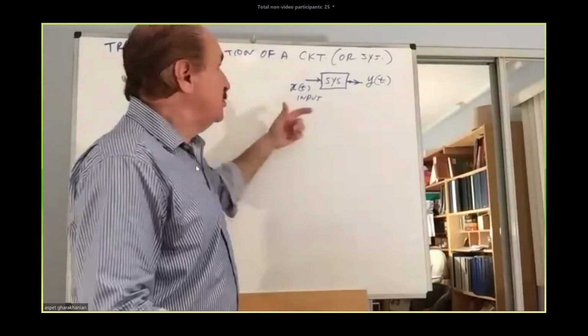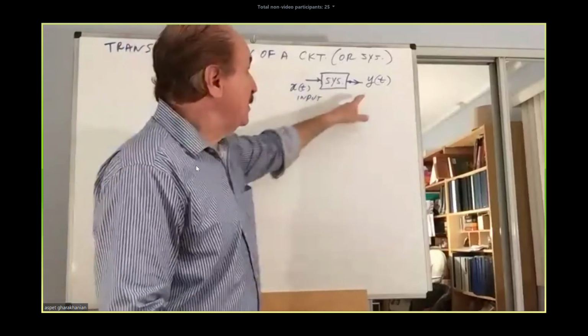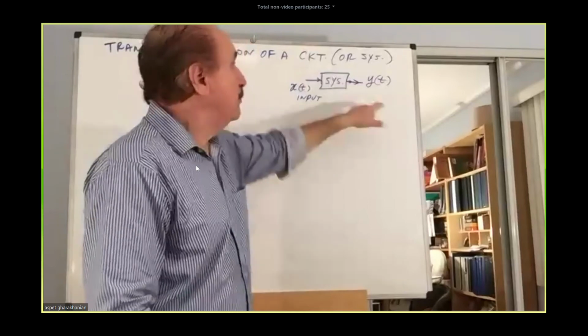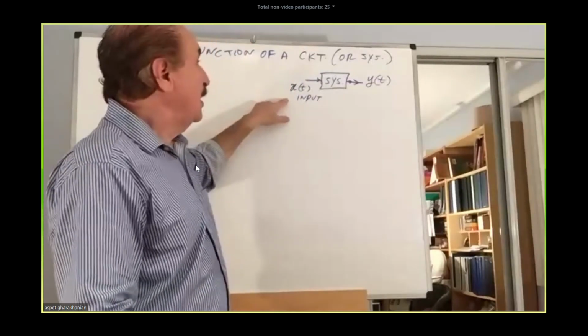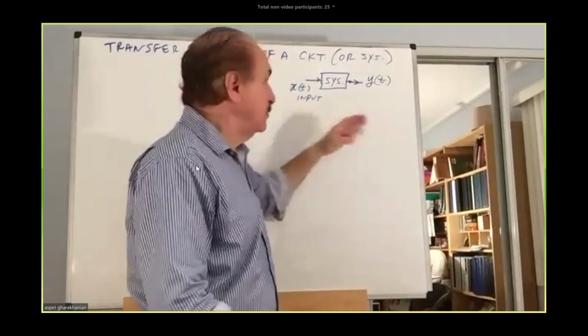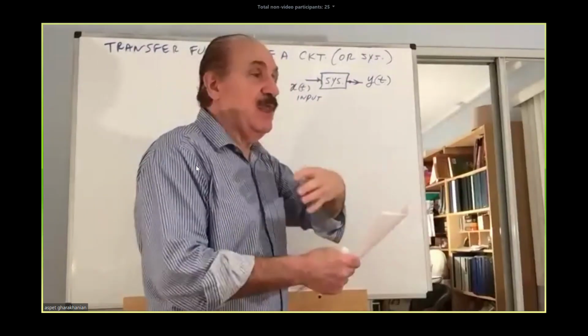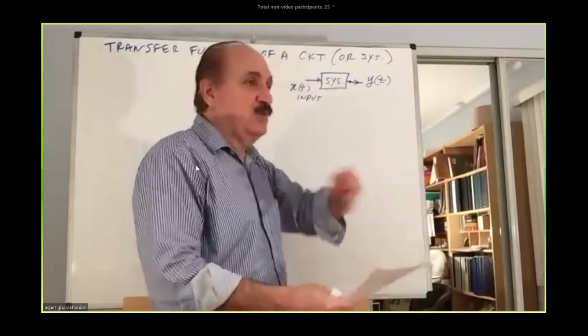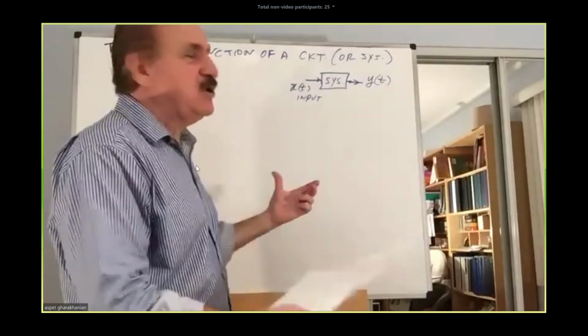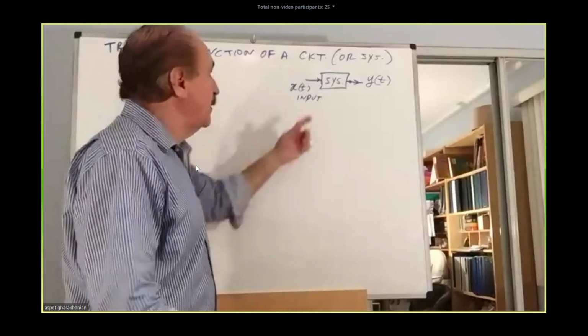There would be a relationship between the position of that platform or object and the applied force, and there will be a differential equation that relates them, to which you would apply Laplace to create the function. So it's pretty general, the transfer function.